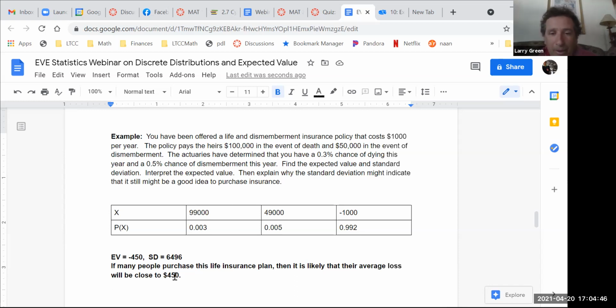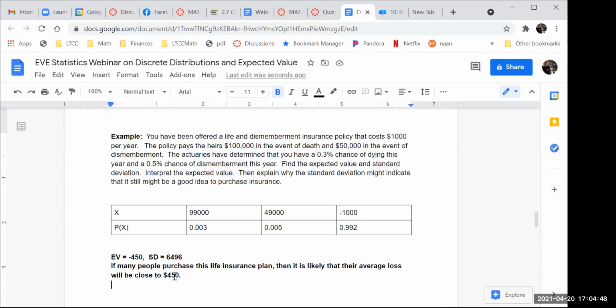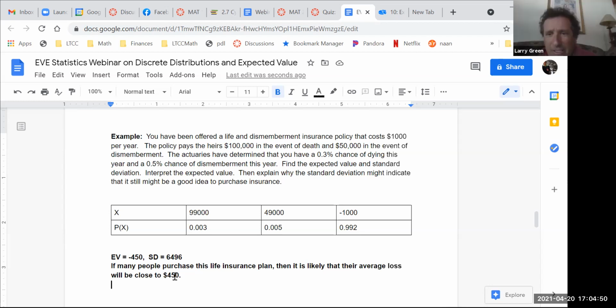For example, if you just gave birth to a baby, you might want life insurance because you have this big standard deviation, which means that things could go bad. By the way, life insurance is the one thing you don't want to end up making money on. Do you agree? Because that means you died, or maybe you had your hand chopped off or something.